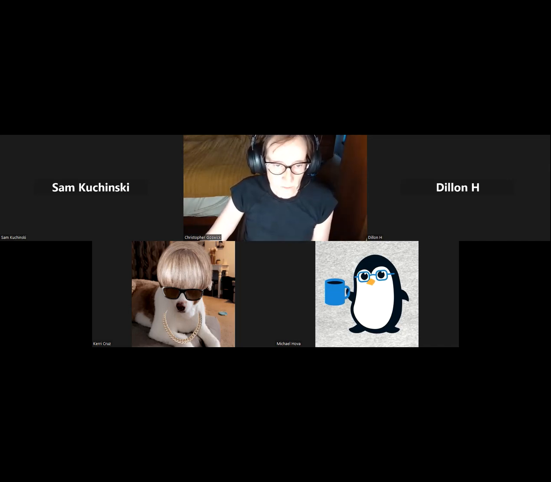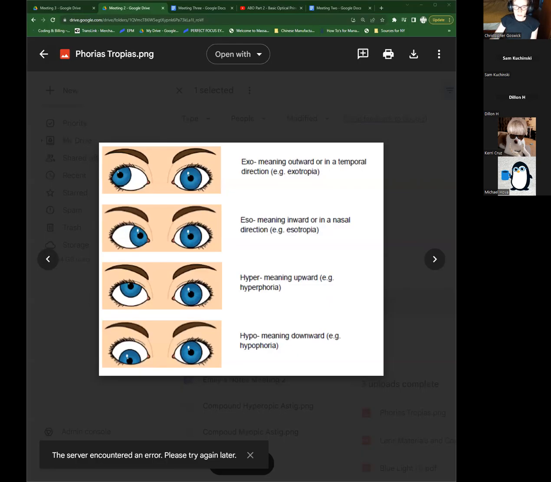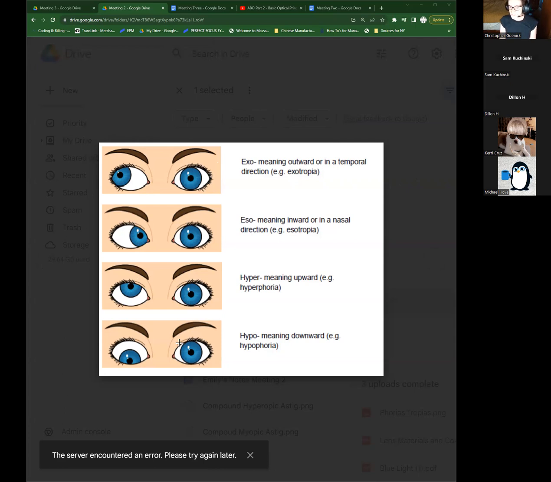For the tropias, just real quick, you guys, sometimes it's helpful to visualize them. Basically you can see exo, the outturning. It looks like it might be a little hyper in this picture too. But then you can see the ESO, you can see the hyper, and then the hypo. So, pretty straightforward.